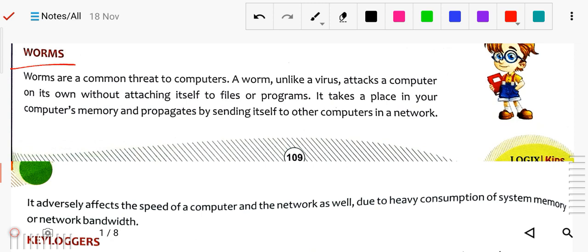So it is different from the virus. It is not attaching to a file of its own.